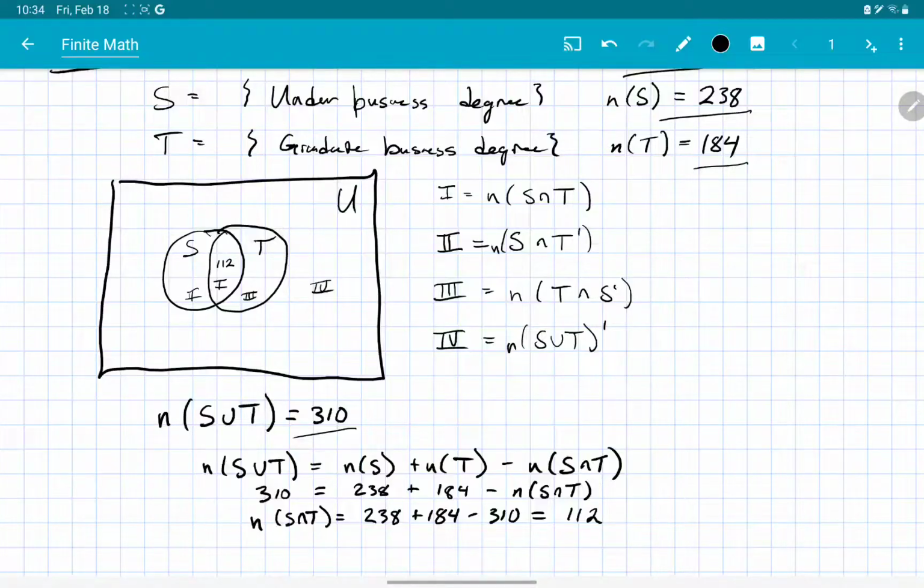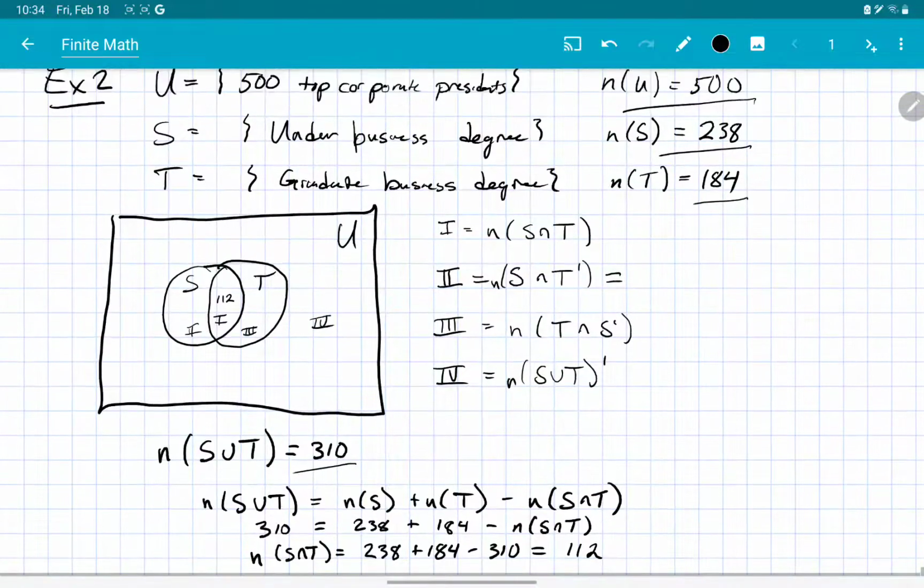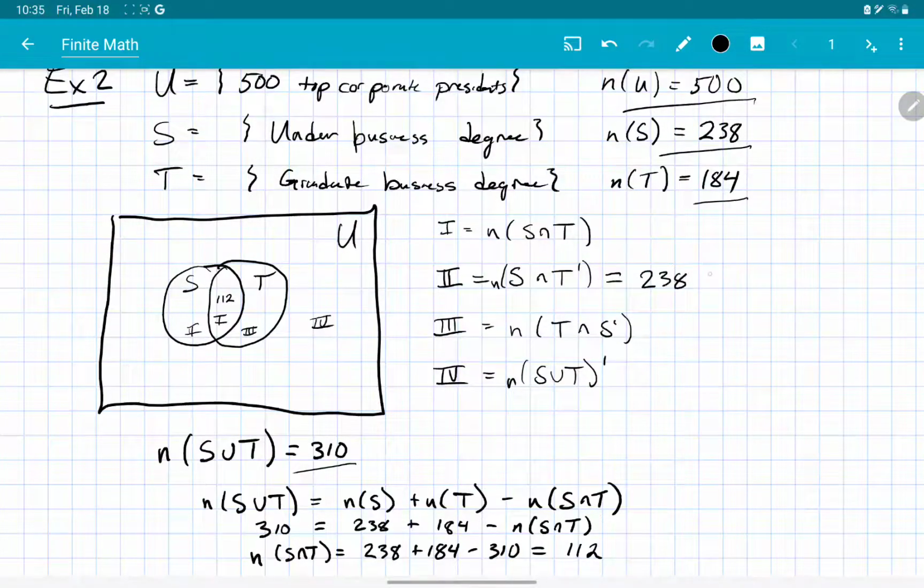Okay, now let's look at region 2. Region 2 is all the things that are in S, but are not in T. I know S is 238, but I know S and T is 112, so I can subtract that 112, and that gives 126. So that region has 126.